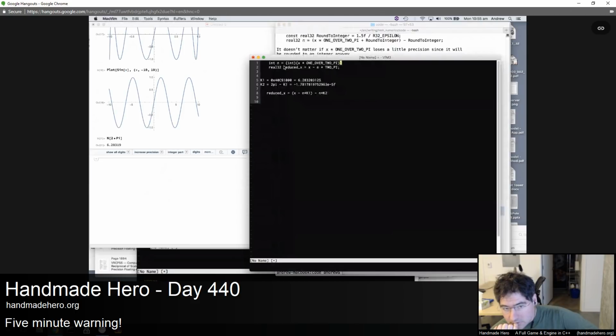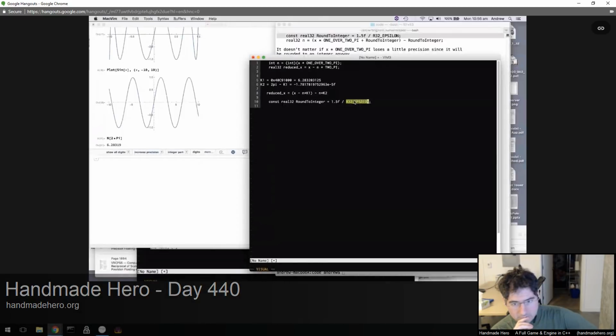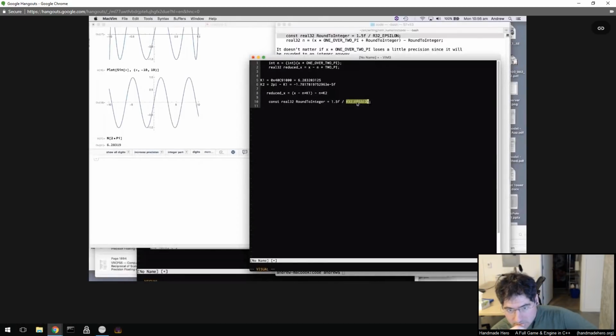I've got this number, which is 1.5 divided by epsilon. This is a large number. Remember, R32 epsilon is a small number, it's 10 to the minus something. So 1.5 divided by that is a large number. This is an exact number, of course. Epsilon is 2 to the minus 23, so this is 1.5 times 2 to the power of 23.